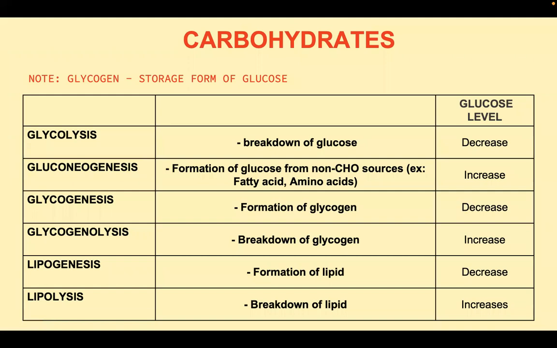Glycolysis came from the Greek word glykos or your glycose meaning splitting, losing, or the breakdown. So coming from the root word glyco, di ba? Glycogen, meaning the sugar, and the lysis, it is the breakdown. Okay, so as the meaning serves, it means that it is the breakdown of your glucose.